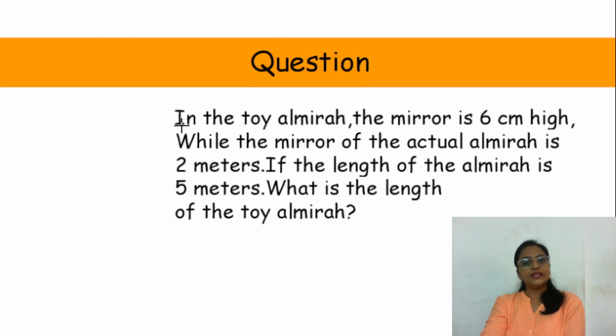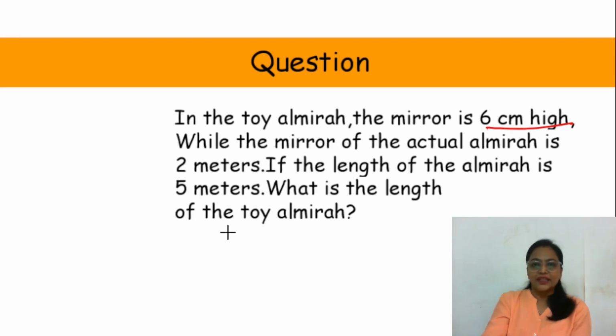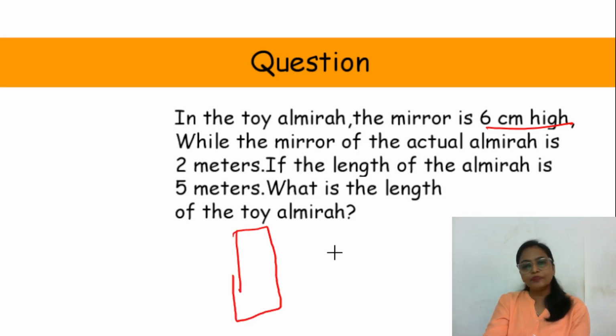So the next question is, in the toy Almira, the mirror is 6 centimeters high, while the mirror of the actual Almira is 2 meters. If the length of the Almira is 5 meters, what is the length of the toy Almira? Now see, there are two Almiras. One is a toy Almira and one is an actual Almira, right?